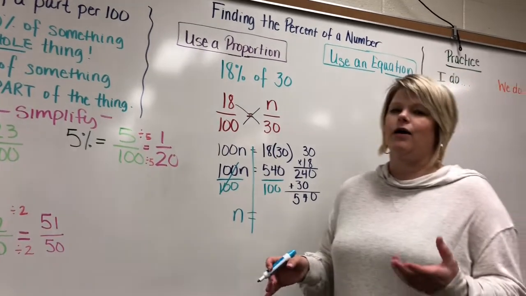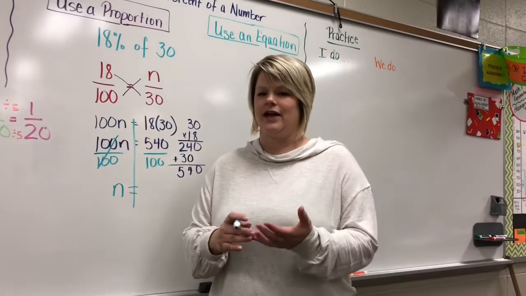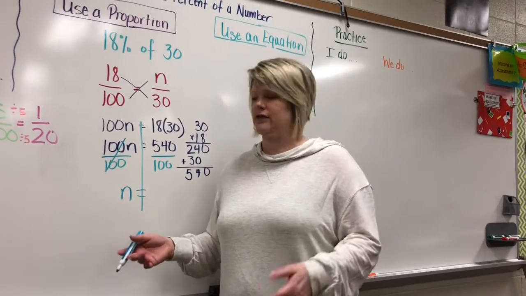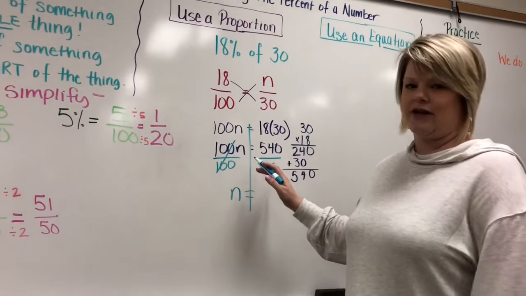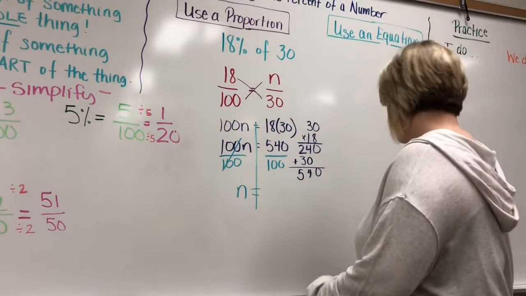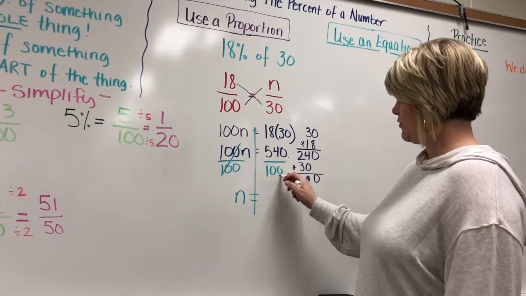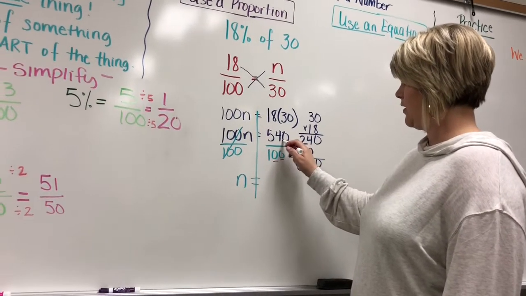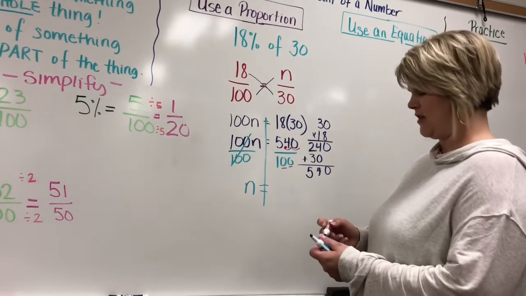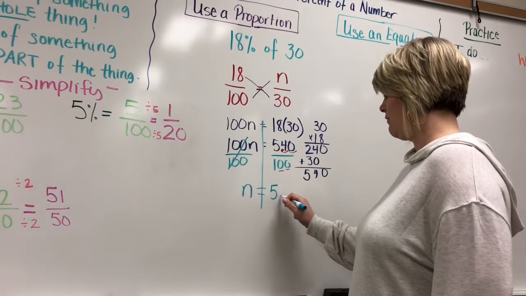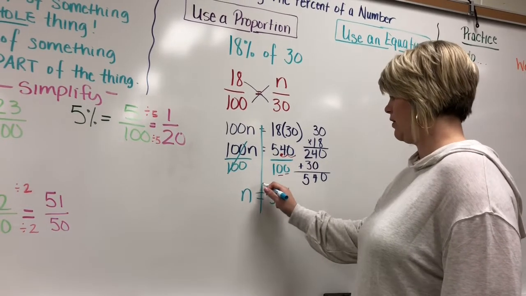Now the great thing about multiplying and dividing with 10, 100, thousands is you're just moving the decimal point to the left. So I don't even have to do any kind of fancy work here. I know my decimal is back here, and I have 2 zeros, so I can move it 1, 2, and that's my new number. So n is 5.4.